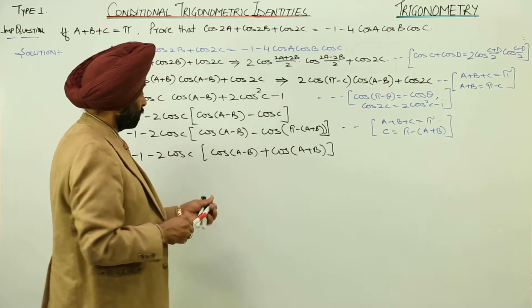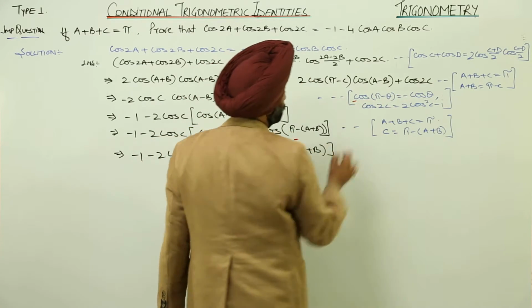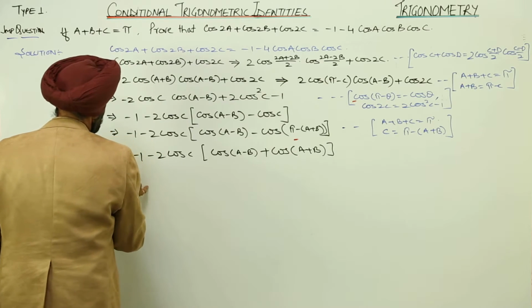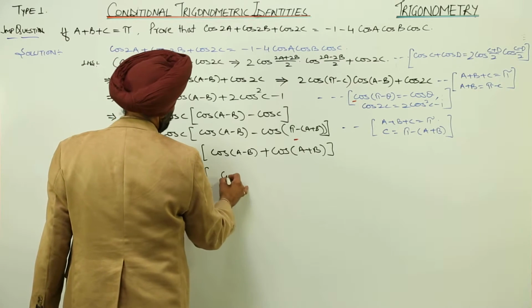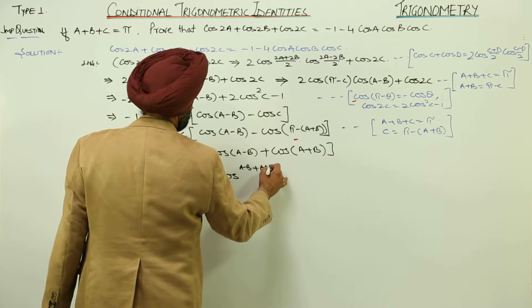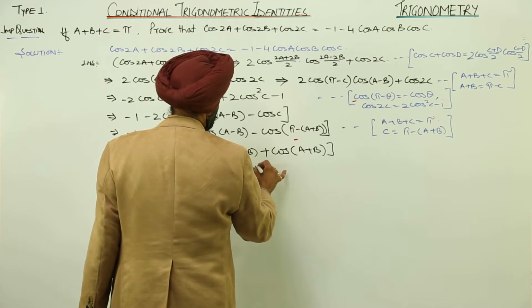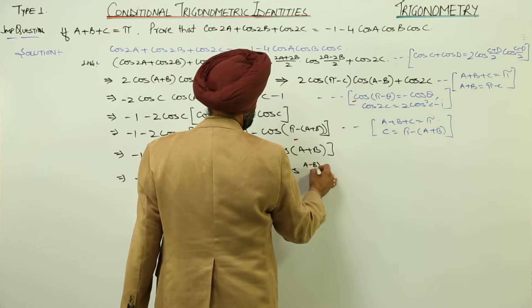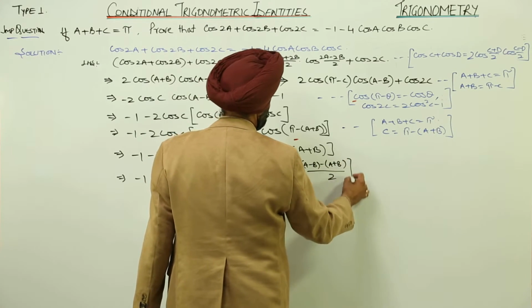Now again, what we have used? We have used here for this part again. Is it clear? Now this becomes negative 1, negative 2 cos C, cos of (A minus B plus A plus B) upon 2, cos (A minus B) upon 2.